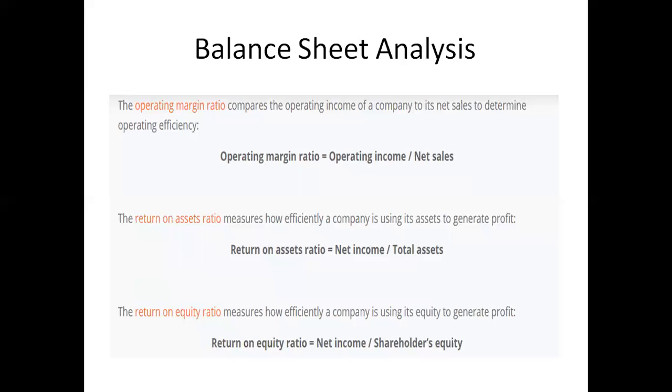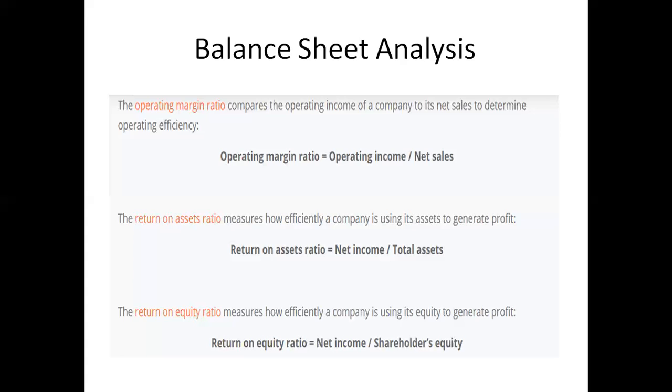The return on assets ratio measures how efficiently the company is using its assets to generate profit. This is a return on sales ratio, which gives us the net income by the total assets. Return on assets ratio, net income, return on the fixed assets ratio, you might have return on current assets, we might have return on equity ratio. It is the net income or earnings before tax and taxes in general terms divided by the shareholders' equity.